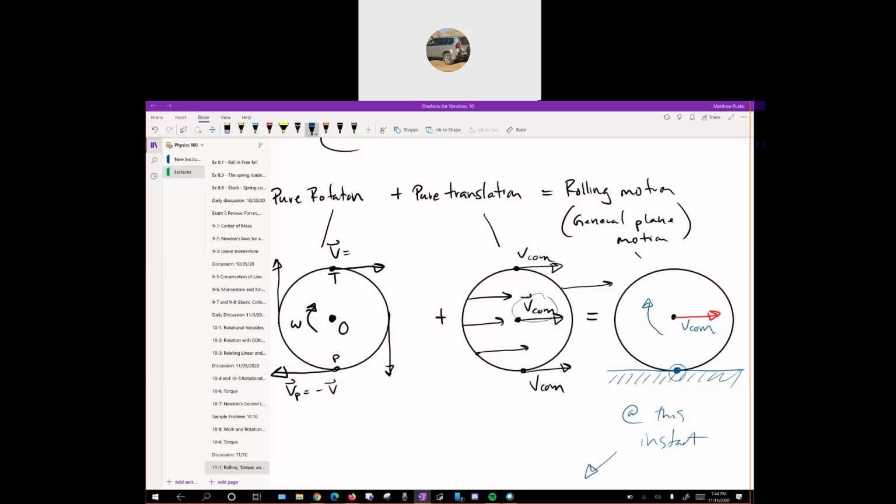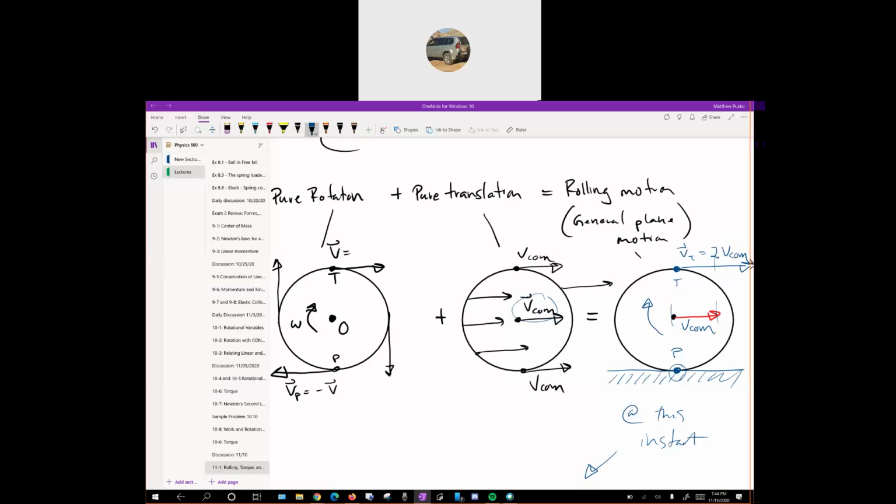But this point down here, point P, the velocity is 0 at that instant. What we get is actually a velocity at T that is twice as long as this velocity right here. So we say the velocity at T is equal to 2 times the velocity of the center of mass.